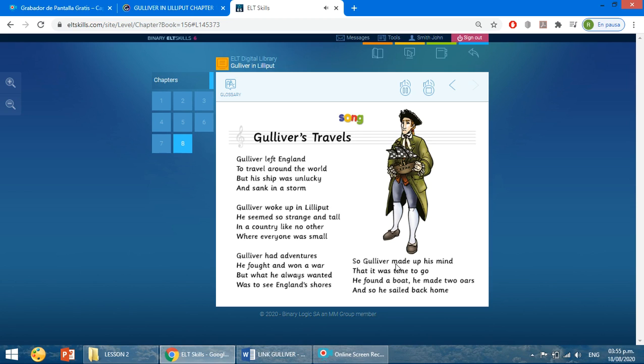So Gulliver made up his mind that it was time to go. He found a boat, he made 2 oars, and so he sailed back home. Those were Gulliver's travels.